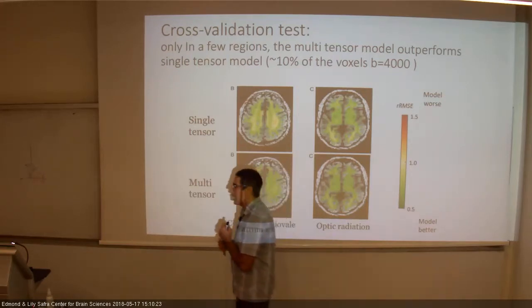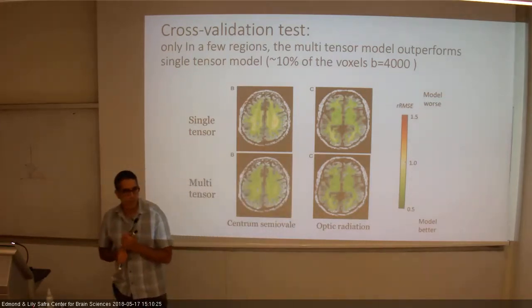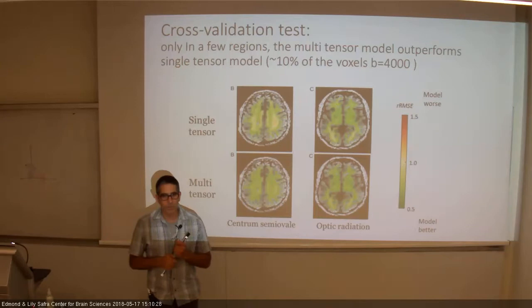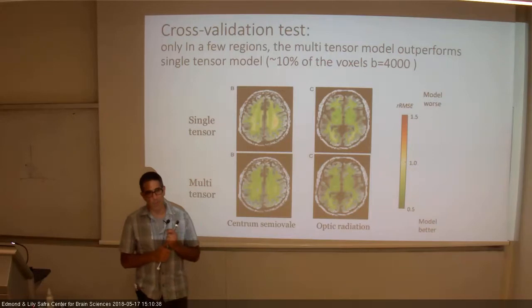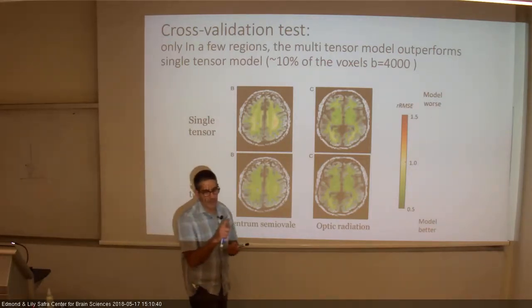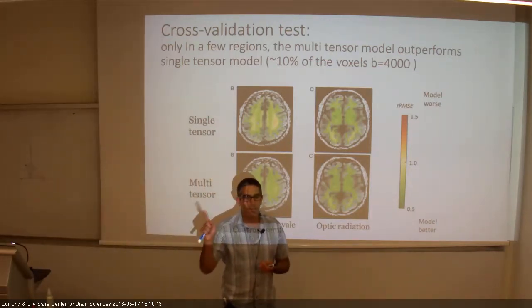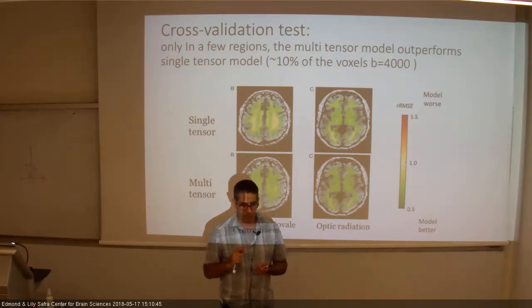And then I can fit a model, and if the model is good, what will a good model do to the noise? It reduces the effect of the noise. You essentially fit the signal and not the noise, right? So you would assume that the prediction of the model for the second data will be better than the data to itself.